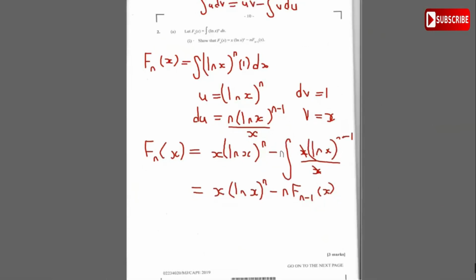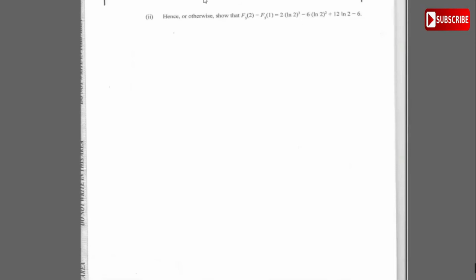All right, so let's go ahead now. It says, hence or otherwise show that f_3(2) minus f_3(1) is this. To do this proof, it says hence, meaning we're going to utilize this knowledge. We're going to use the fact that f_n(x) is equal to x(ln x)^n minus n times f_(n-1).